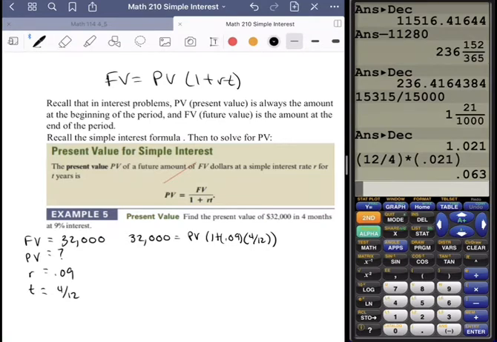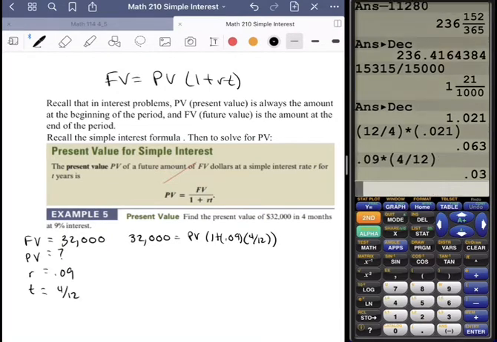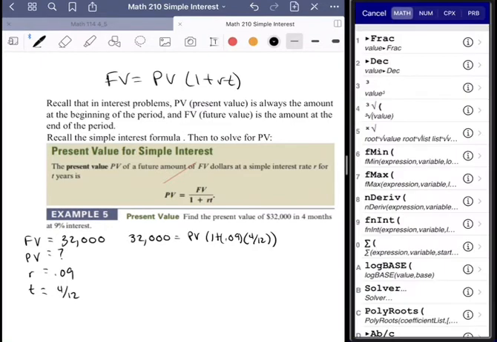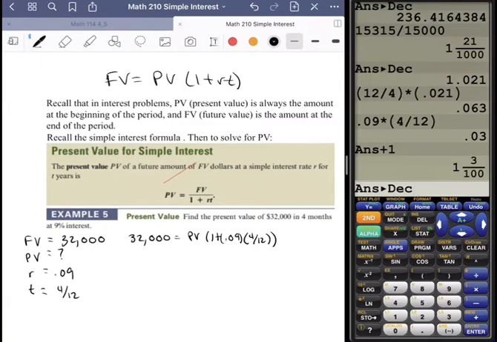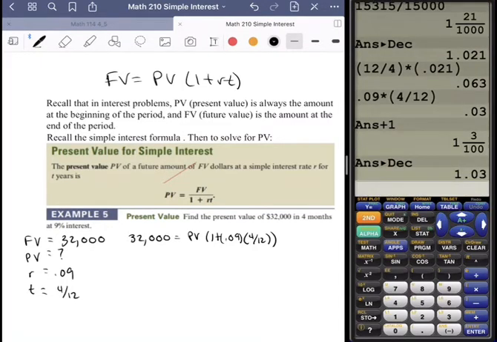So I have 0.09 times 4 over 12, plus 1. So now I have that 32,000 equals 1.03 times present value, then divide by 1.03 on both sides.